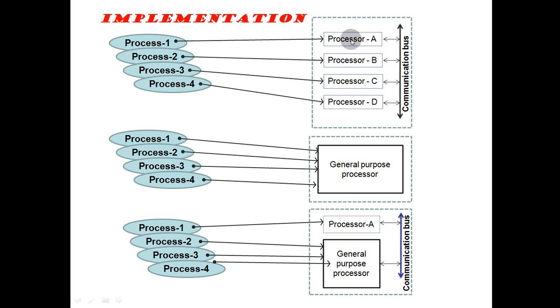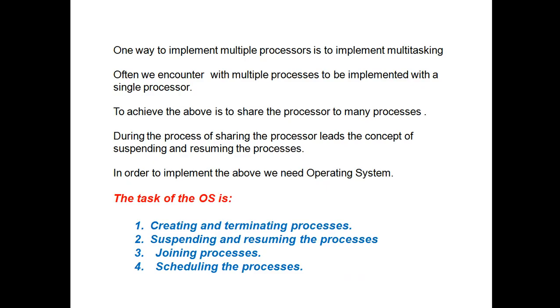In the case of application specific processors, each processor has a different process to complete. In the case of a mixed implementation, process 1 goes to processor 1 and all the other processes go to the general purpose processor. So these are the different kinds of implementation.